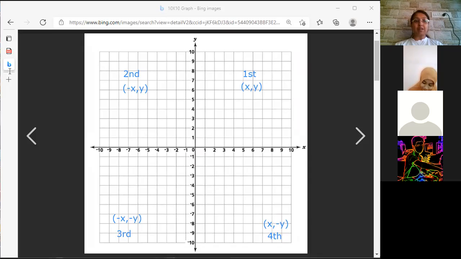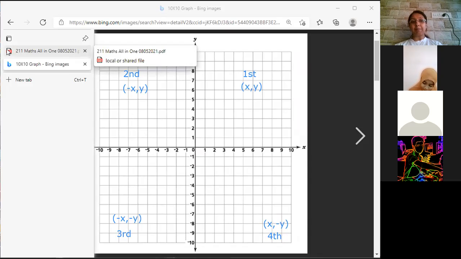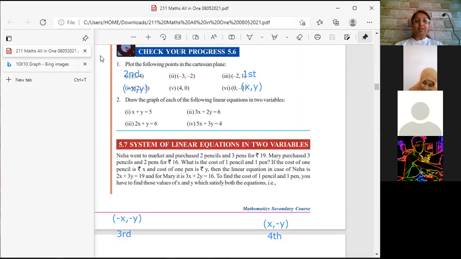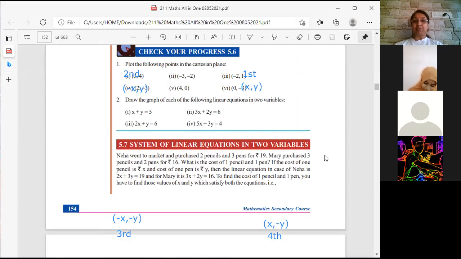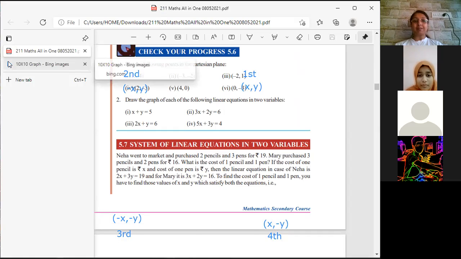Now we have already marked how the points are going to be plotted. Now I'm moving towards my textbook to see which numbers I have to plot. The first number that I have to plot is (3, 4). 5.6 question number 1. What is it? (3, 4). Am I right?